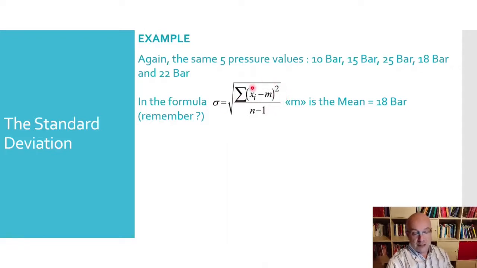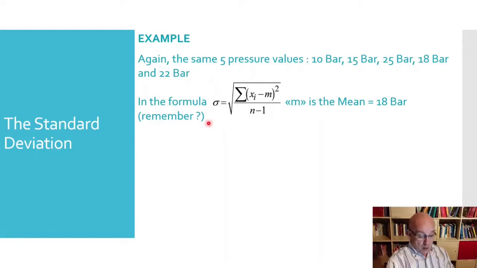Now we have to calculate the numerator. So try to sum each of these square terms, where xi is one value of the distribution, and the values of the distribution are these 5 values.